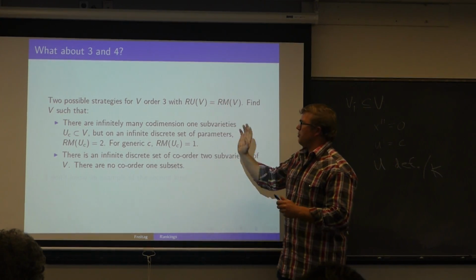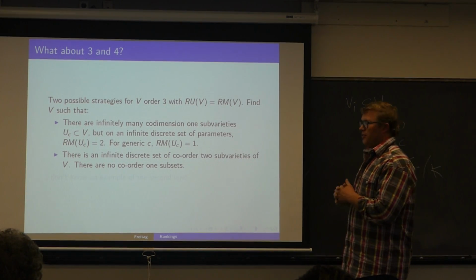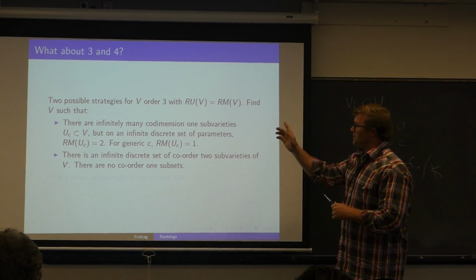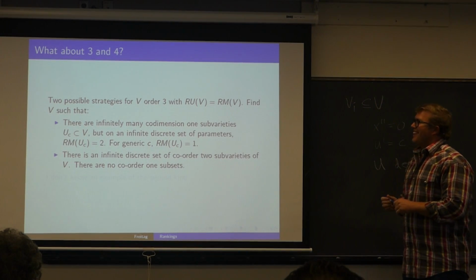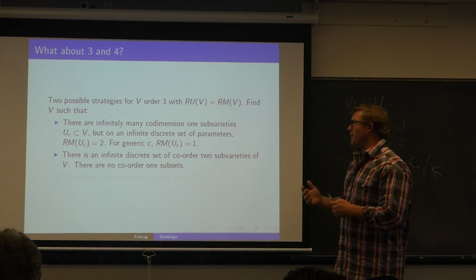So two possible strategies for finding a variety with U rank not equal to Morley rank. You know lots of strategies for that. One of two kinds of behaviors would explain that.